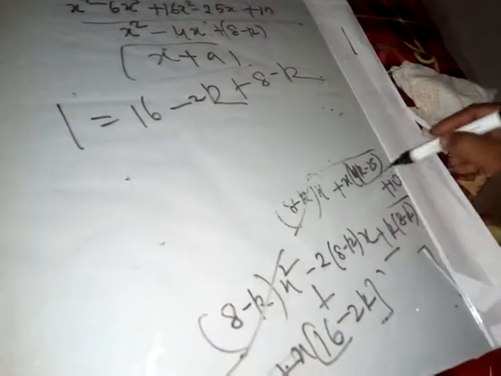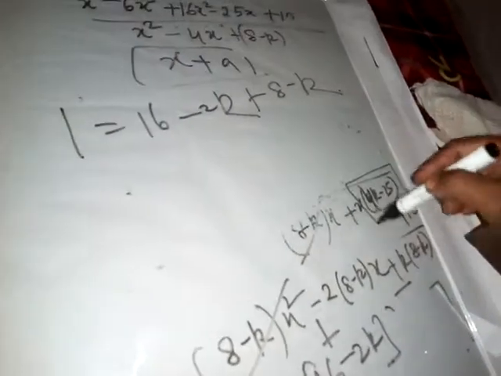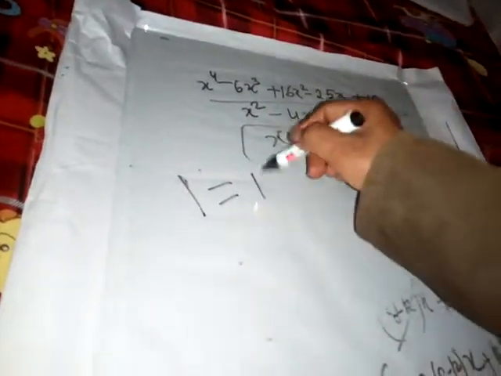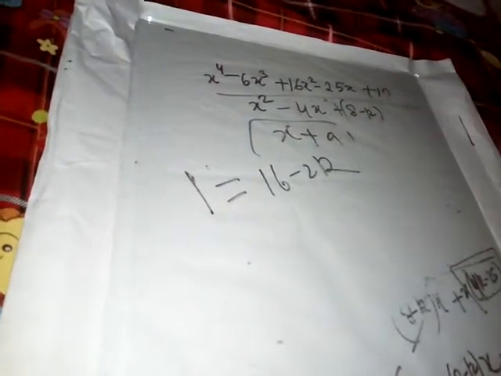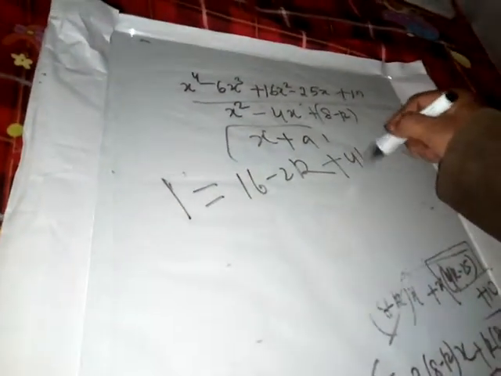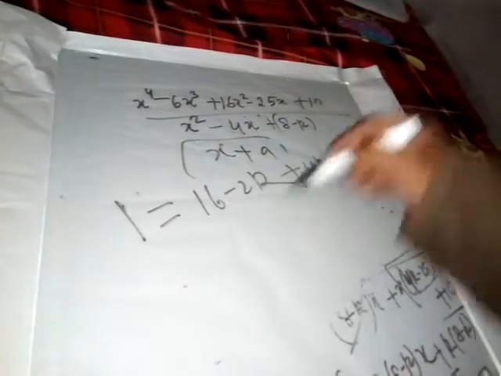What was the step just before this one? Yeah, this one. If you look at this very carefully, 4k minus 25, and this is 16 minus 2k. So I am writing here, pay attention again, 1 is equal to 16 minus 2k plus 4k minus 25.